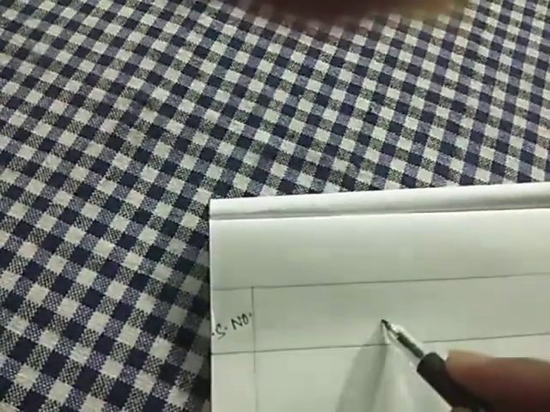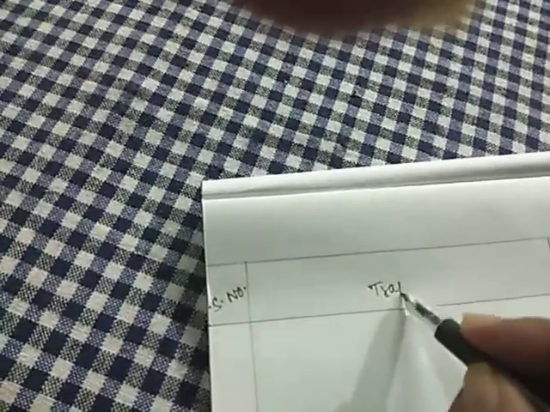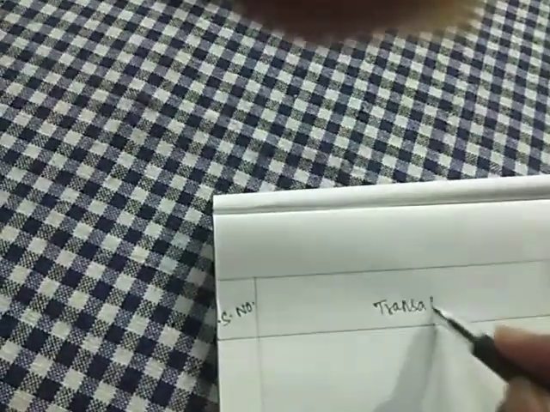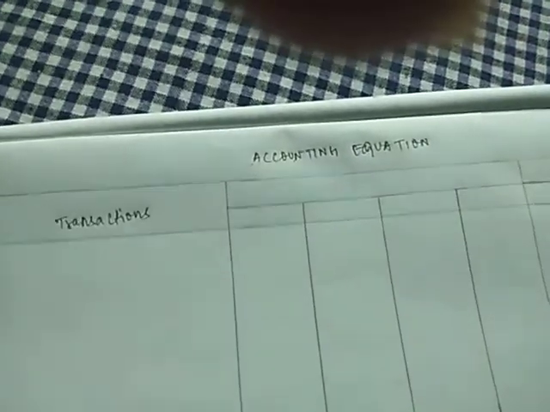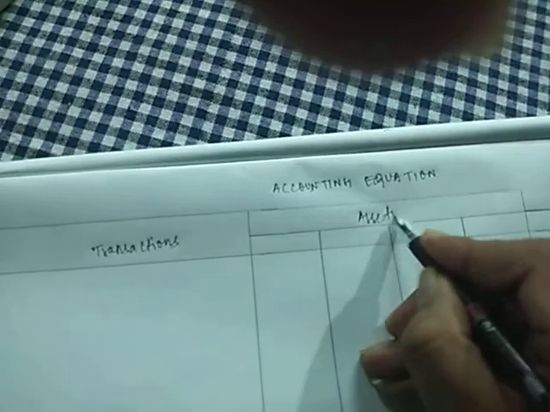Next one is particulars or transactions. You can write anything. For example, I am writing transactions. Here I have divided this row into two parts. At the topmost you need to write assets, as was our equation: assets equals capital plus liabilities.